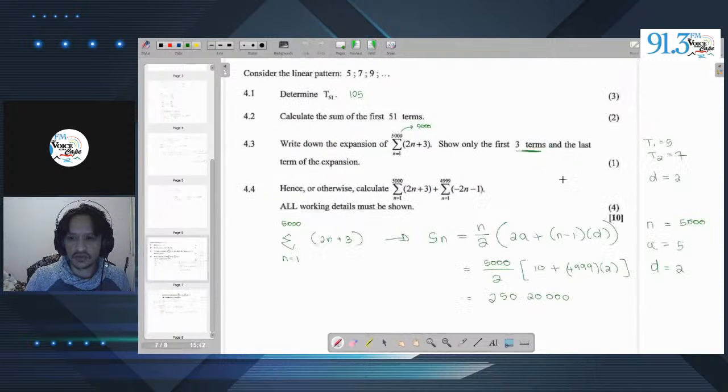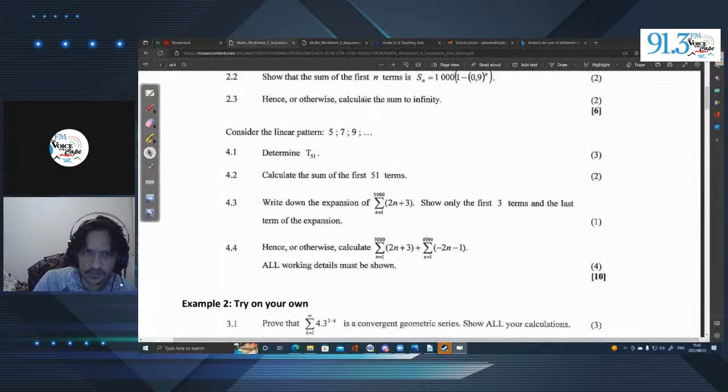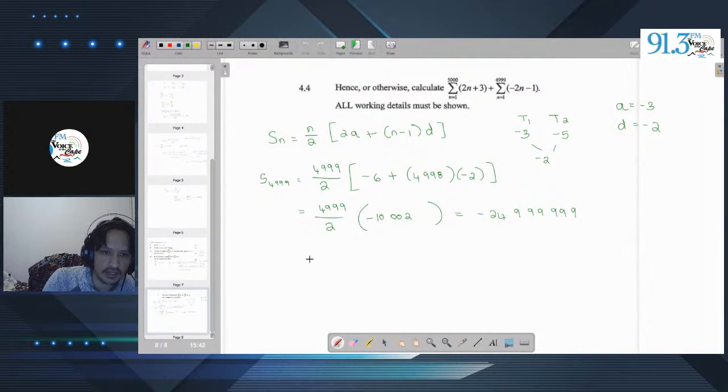So let's get this value, 25,020,000. We write this in. So it's going to be 20,000 subtracted from, but we're adding it together, of course, I'll show it first like this. That means we're going to end up subtracting because it's a negative value.